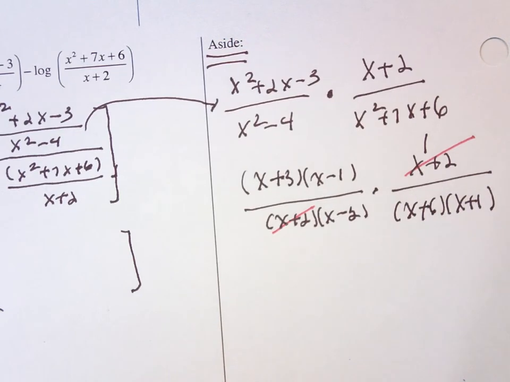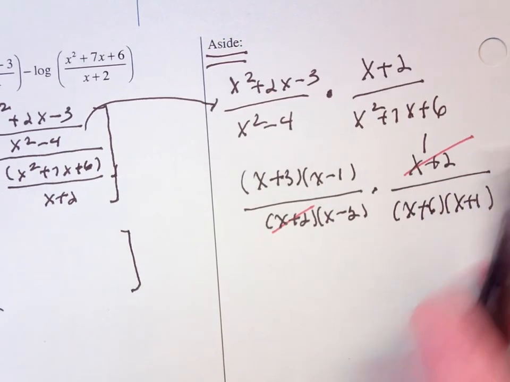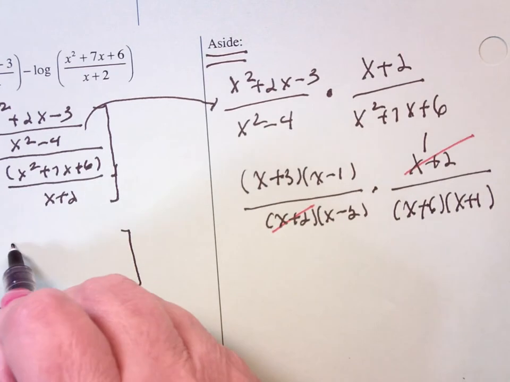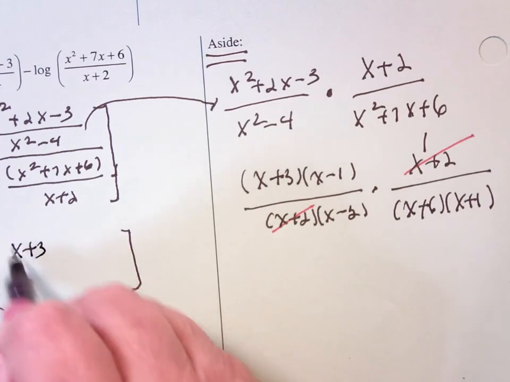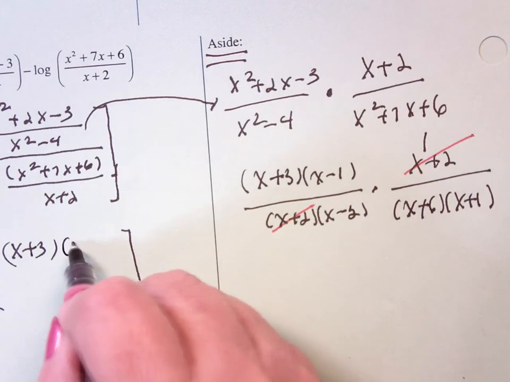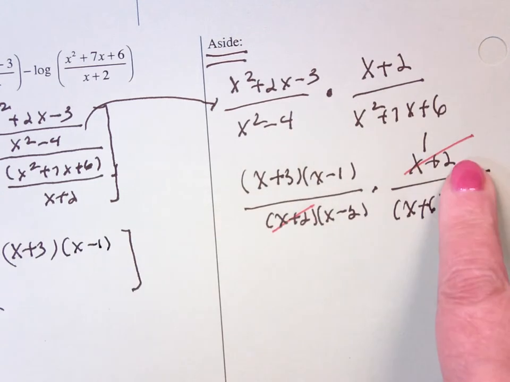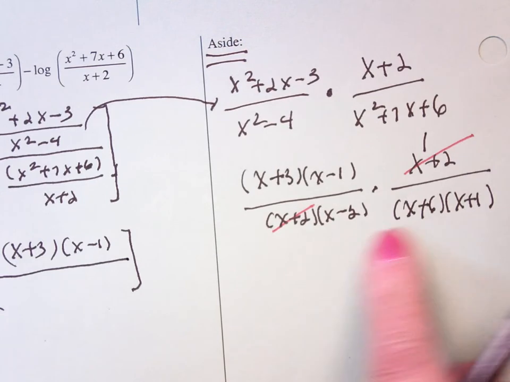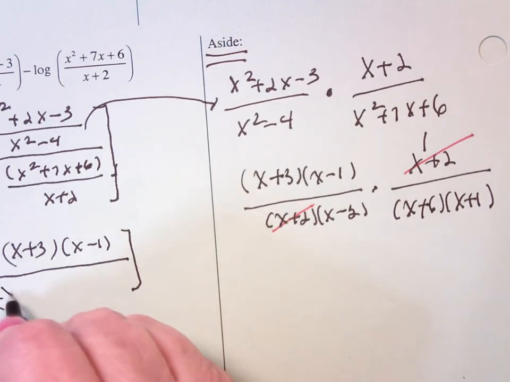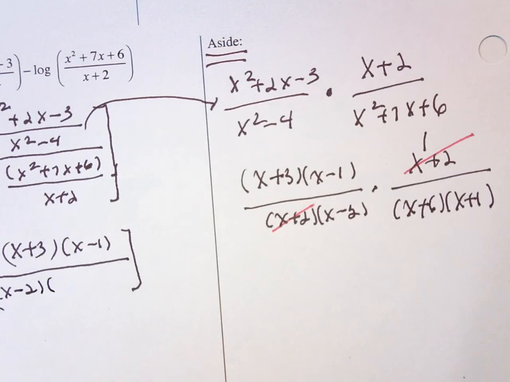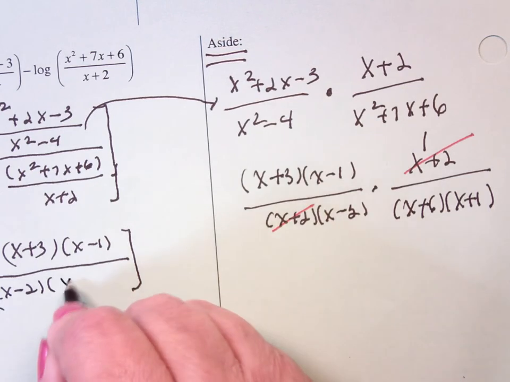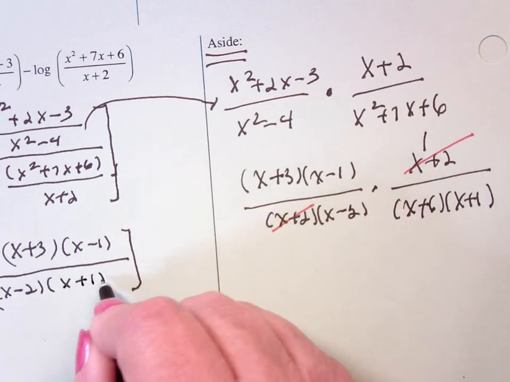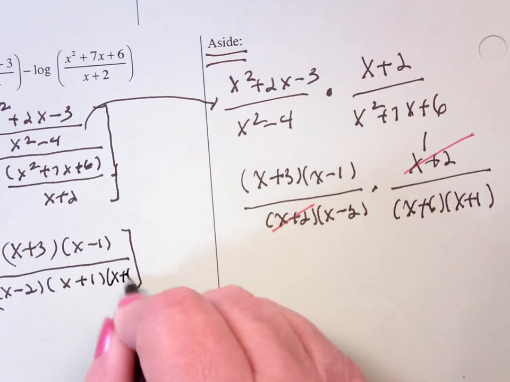That's not going to do it. That's all she wrote. So this is going to be equal to x plus 3 times x minus 1 times 1 divided by x minus 2 times the rest of this stuff, x minus 2 times x plus 1 times x plus 6.